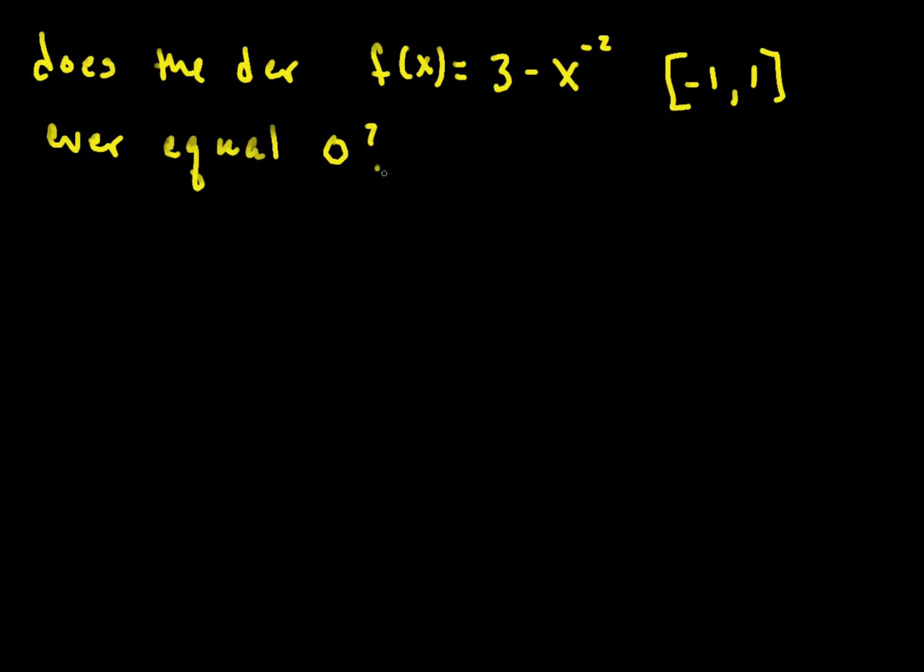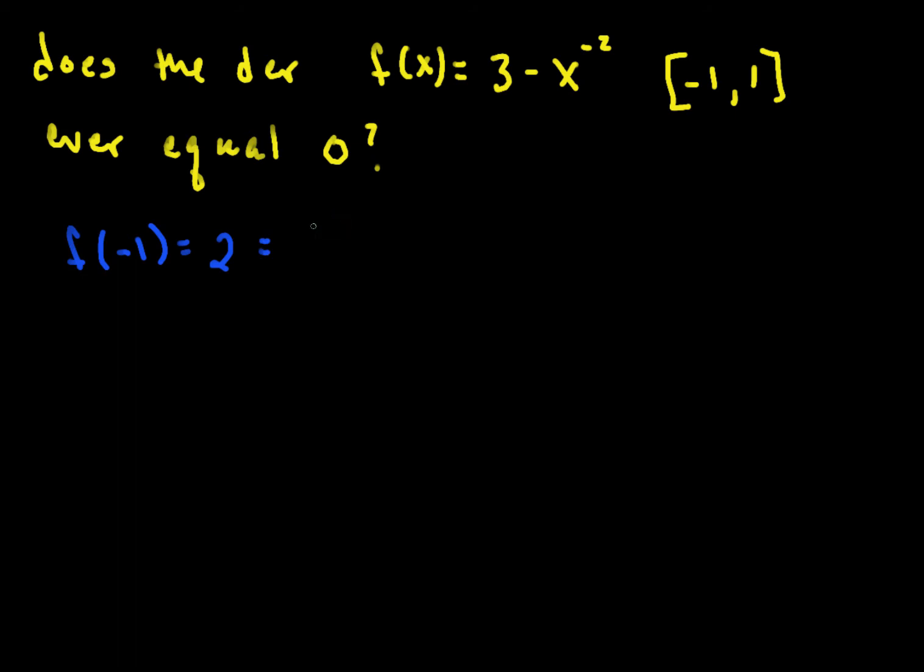Quite often I'll see students go, oh, well, Rolle's theorem, I just have to evaluate at the endpoints and see that they're equal. And sure enough, if I do f of minus 1, well, it's equal to 3 minus 1 over negative 1 squared, so that's just 2.